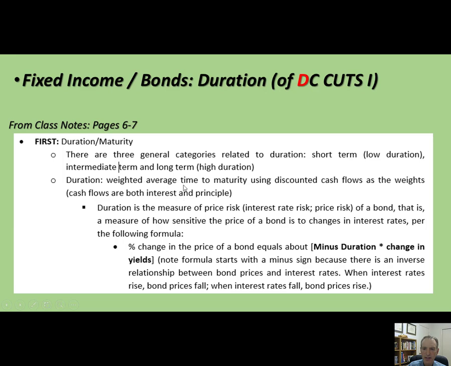So if a bond is paying interest over the next 10 years, its duration will be shorter than maturity because some of the cash flows are coming before maturity. And so the average maturity might be 8 years for a 10-year bond. So the maturity might be 10 years, but the duration may be 8 years because they're paying you cash flow throughout the 10 years.